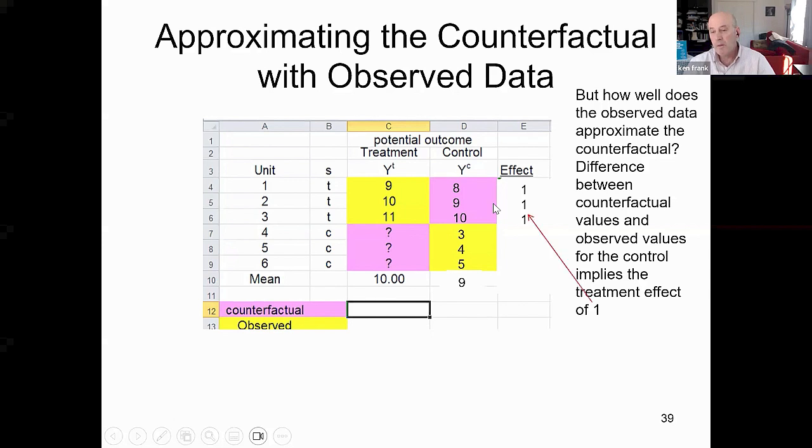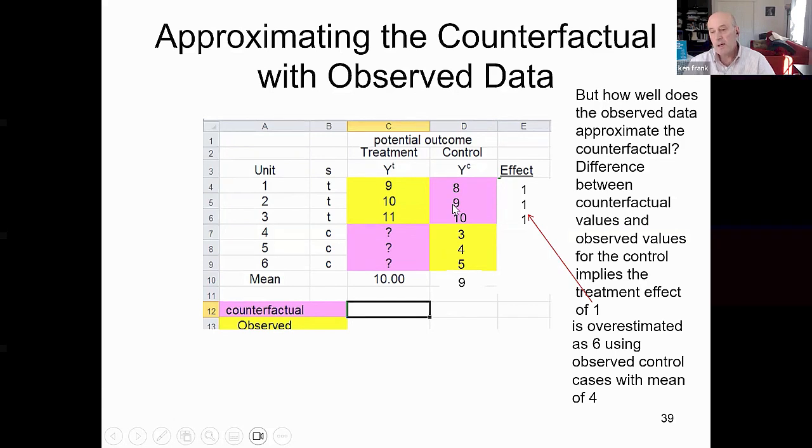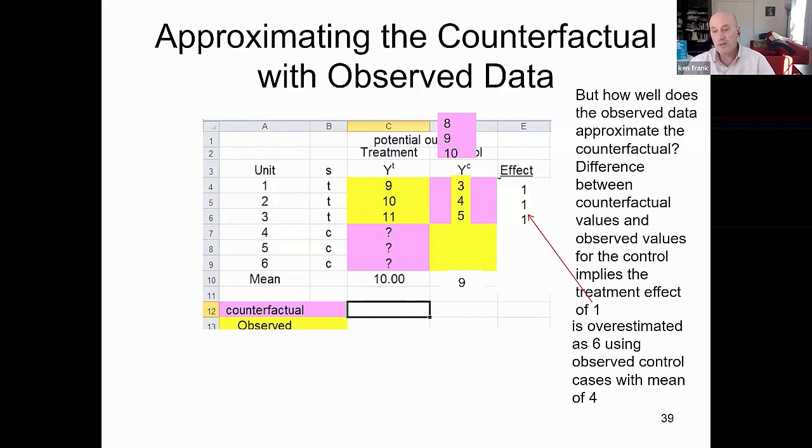But what we do with the counterfactuals, we say, well, we don't get to observe these pink values ever. So instead, we use the observed control cases to approximate the counterfactual for the treatment if, in fact, instead they'd gotten the control. And when I do that, we see, well, now the mean for these cases is 4 instead of 10 over here.